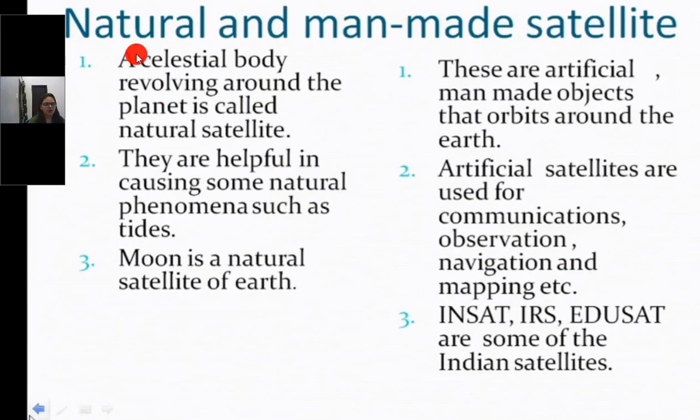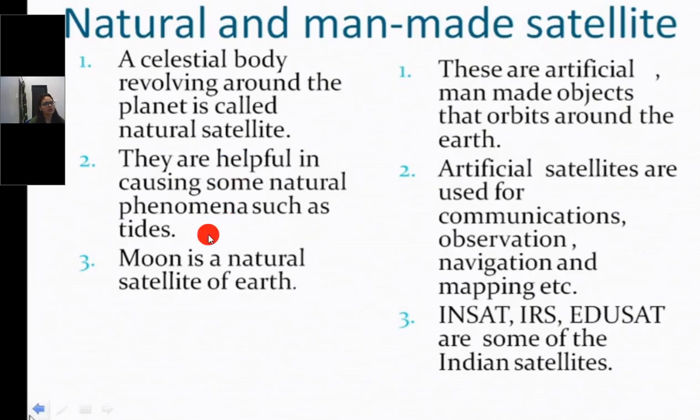For example, the tide is caused due to the moon. The moon is a natural satellite of the earth. Here we take the example of the moon. The moon is the only natural satellite of the earth. It revolves around the planet, which is the earth, and is helpful in causing natural phenomena.